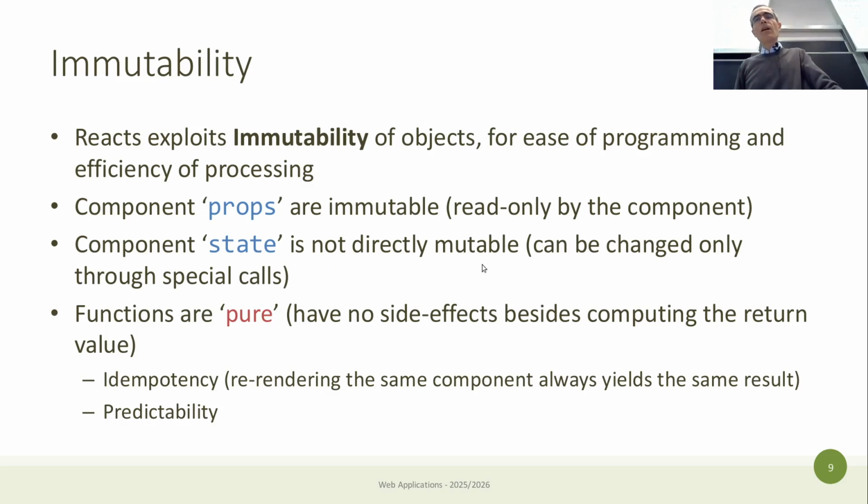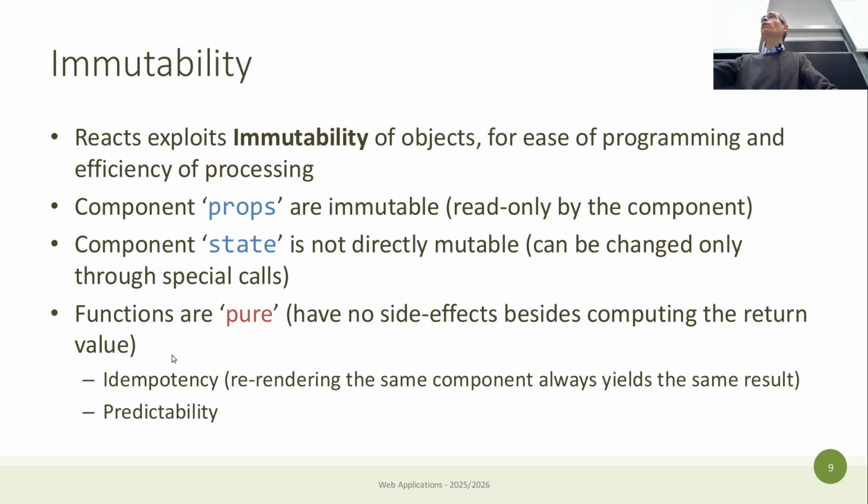Okay, we need to use special functions provided by React to modify it. So functions must be pure functions in the sense that they should have no side effects besides computing the return value. And that's how you achieve the idempotency, okay?